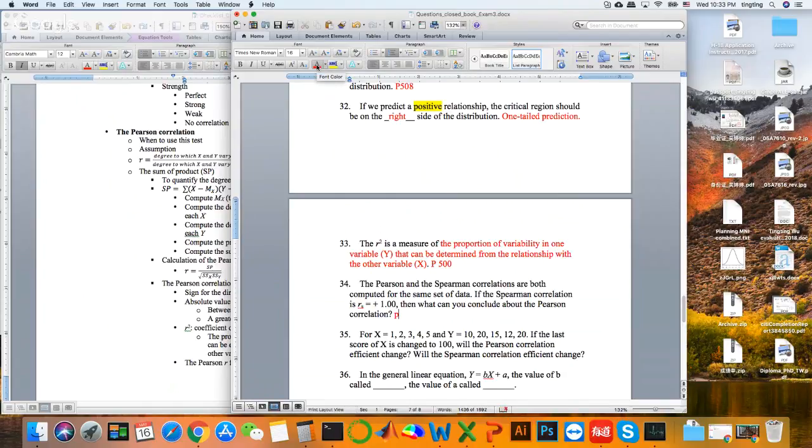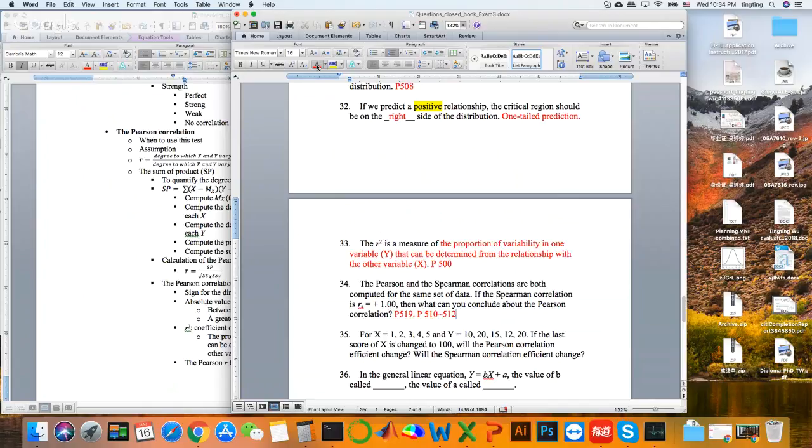It can be found at page 519, and we can go back to check these pages for the computation of the Spearman correlation.